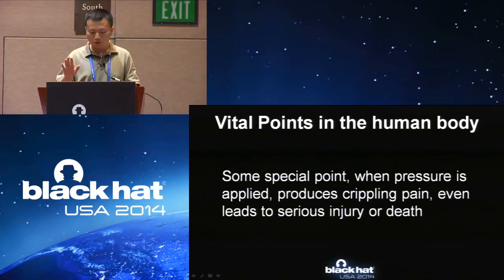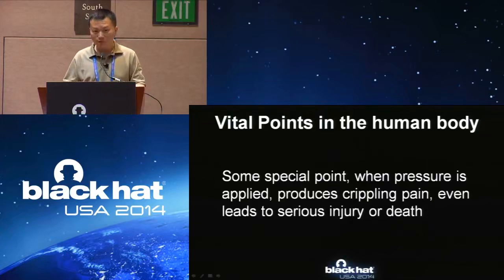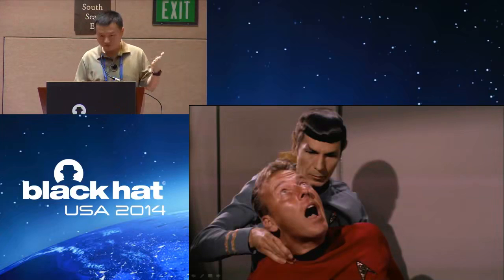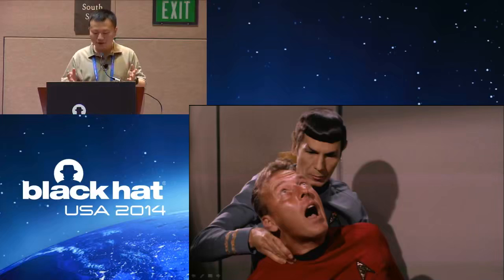A pressure to vital points can cause intense pain, even lead to death. Like the Achilles heel. Many people know about vital points: Chinese people, Japanese people, even Vulcan people. See, Spock is really good at this.